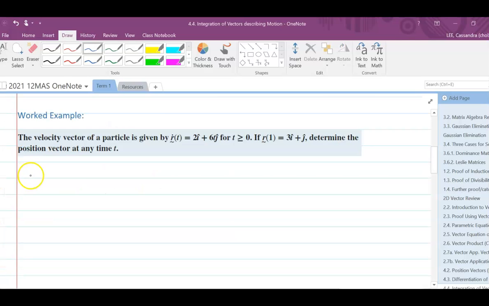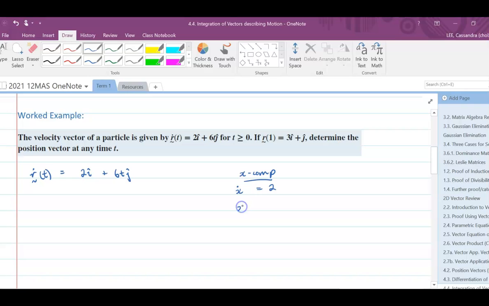So when we integrate this vector, what we're going to do is integrate each of the components independently of each other. So the first thing I'm going to do is look at integrating the x component. I'm just going to do this off to the side here. So for my x component, I'm just given the value 2.